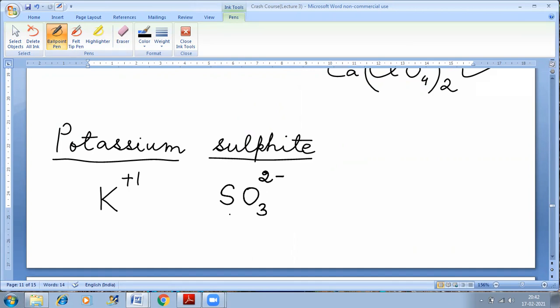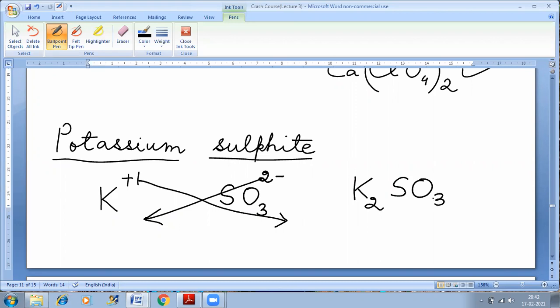This is sulfite. Now this 2 will come here, 1 will go here. K2SO3. This will be the formula of potassium sulfite. Any doubt?